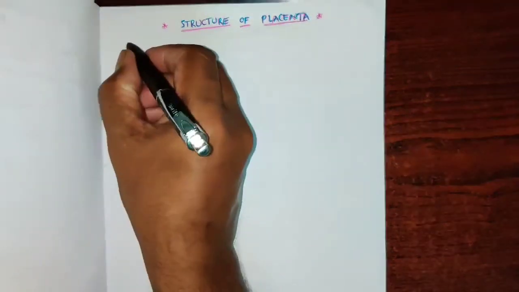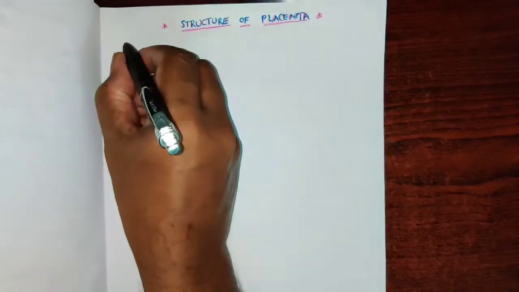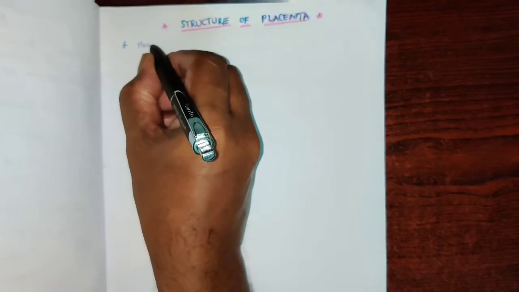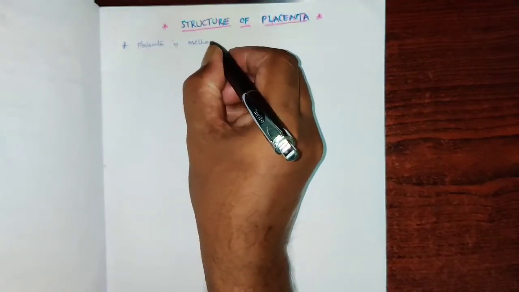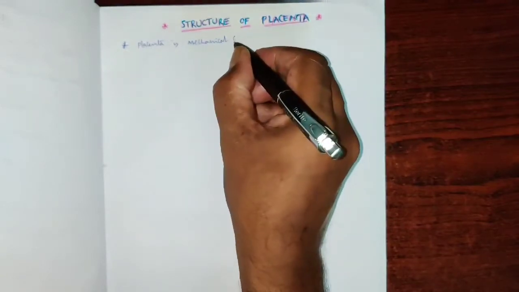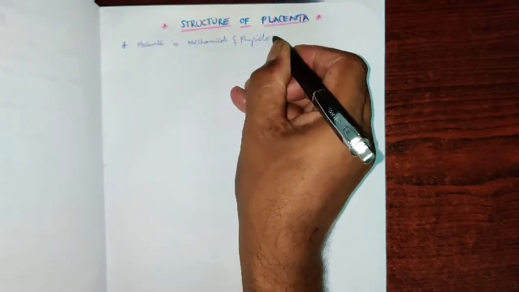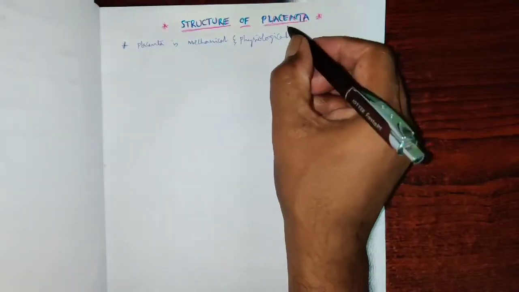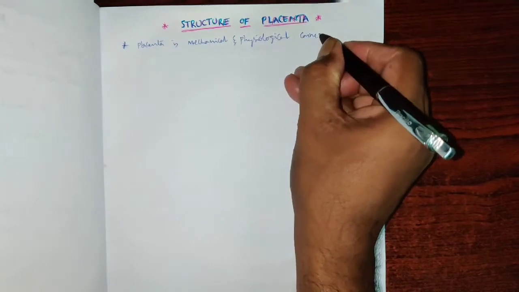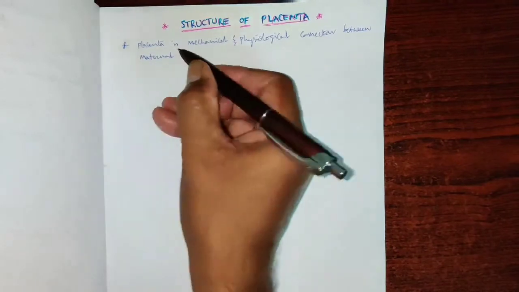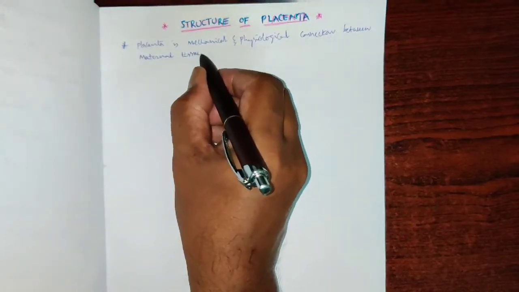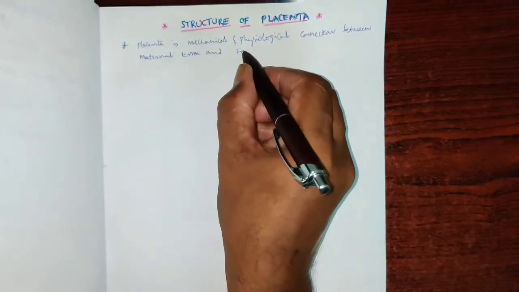Let's now talk about structure of placenta. Placenta is a mechanical and physiological connection between maternal tissue and fetal tissue.